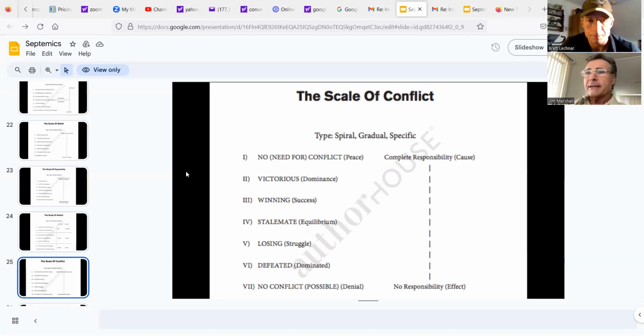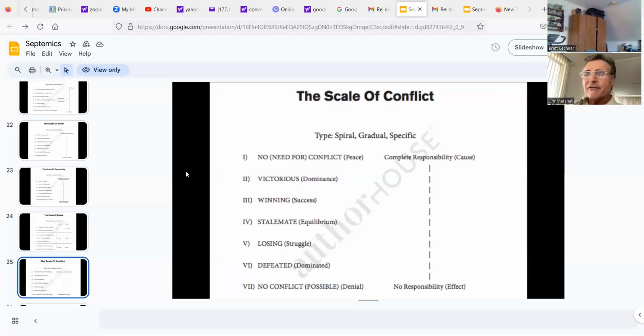So we're ready to talk about the scale of conflict. This is a spiral scale, which means there is an apparent congruency between level 1 and level 7. Level 1 is no conflict, and level 7 is also no conflict.